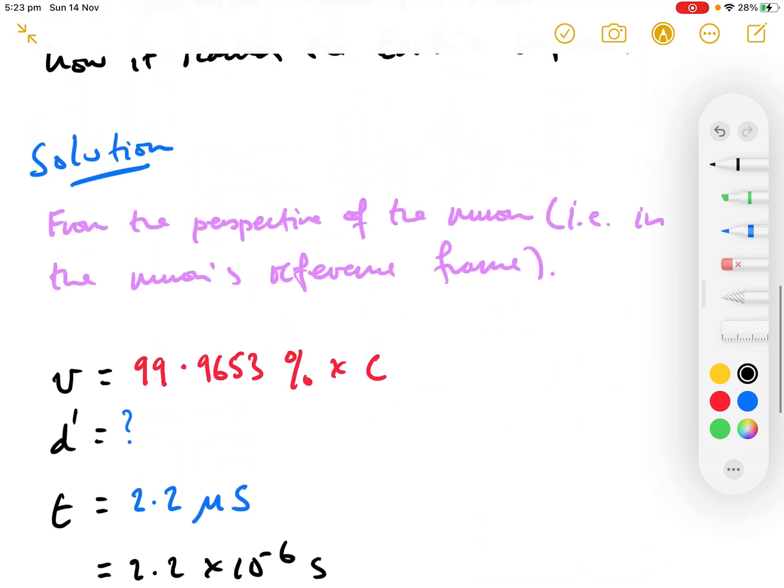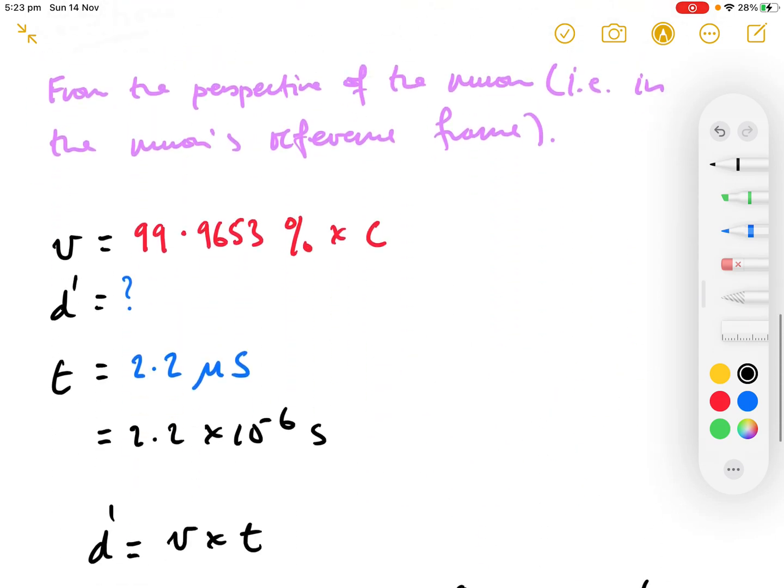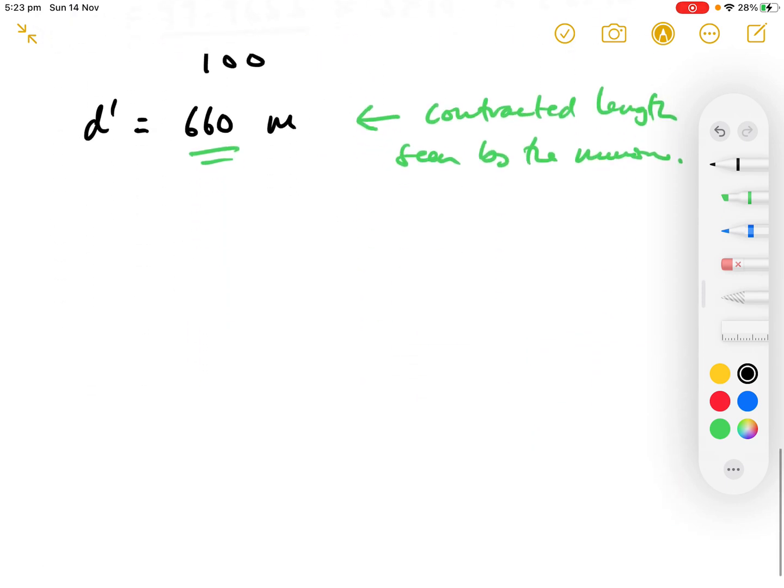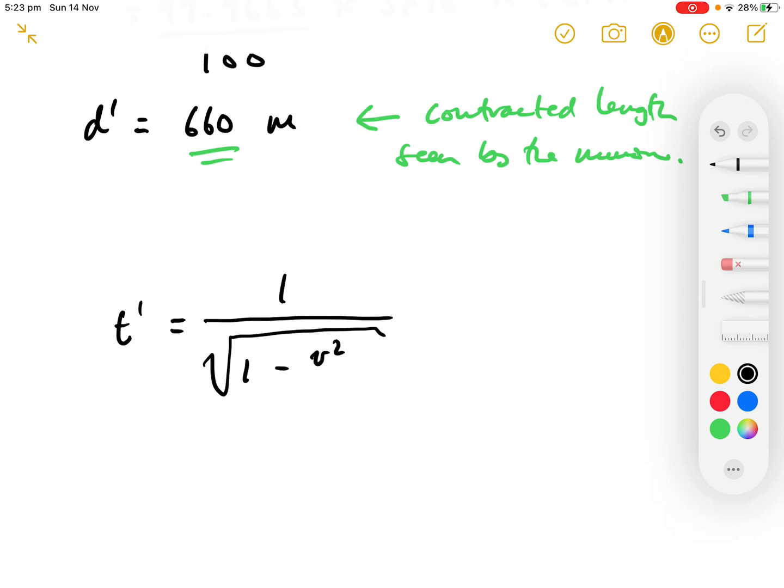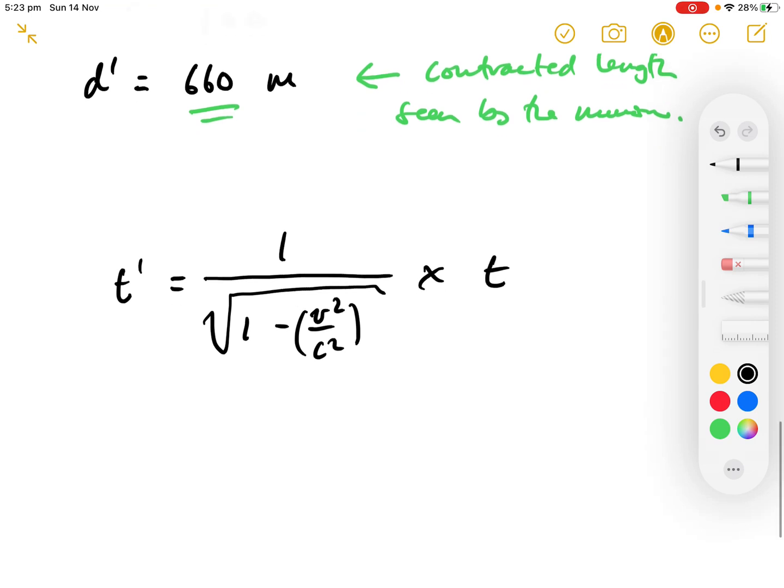So how can we explain that? Well, let's do a calculation on the time. The muon thinks it's been travelling for 2.2 times 10 to the minus 6 seconds. So let's apply our time dilation equation. t dash equals 1 over the square root of 1 minus v squared over c squared, times t.